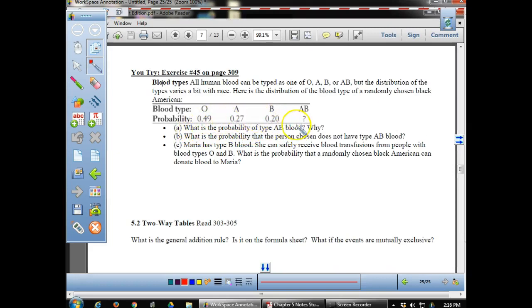And you know that all the probabilities must add to 1. So you'll say why, because all probabilities sum to 1, if it is a legitimate probability model.